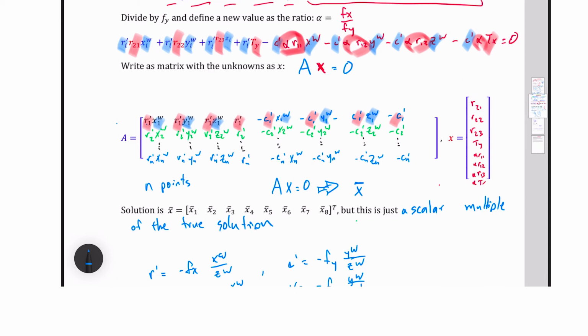What I mean by that is you're going to say that x bar is just equal to k times that true solution we want, which is R21, R22, R23, ty, alpha R11, alpha R12, alpha R13, tx, quantity transposed.